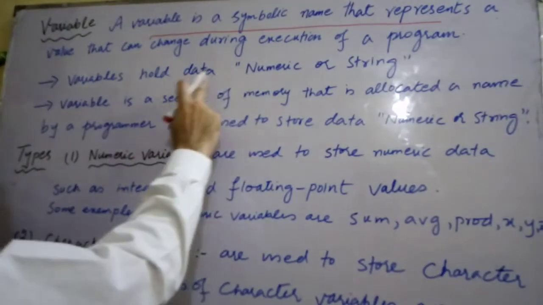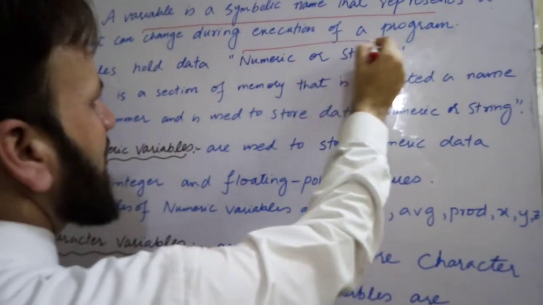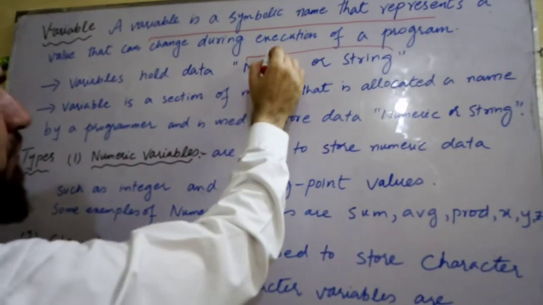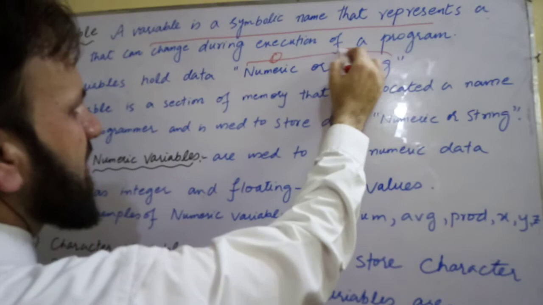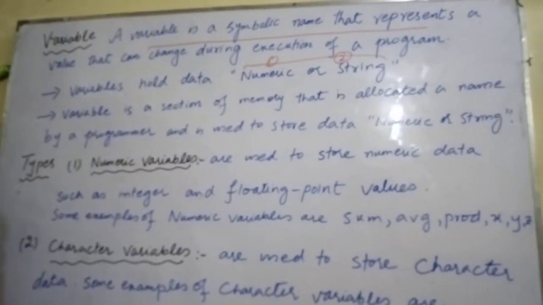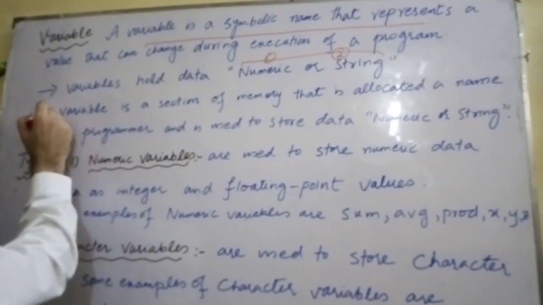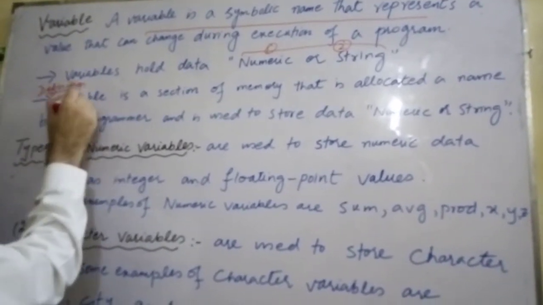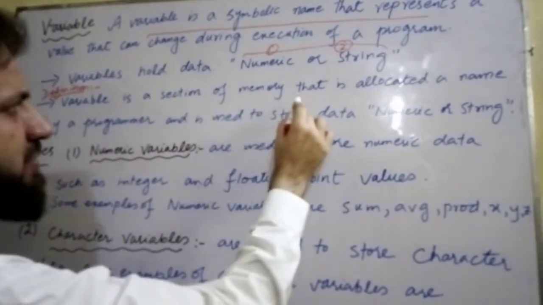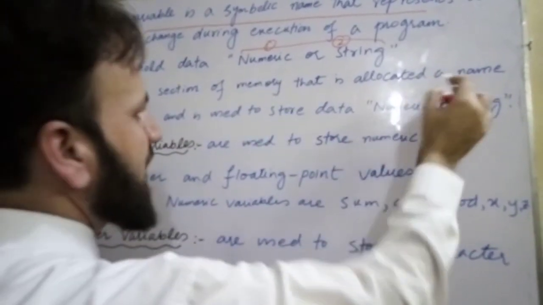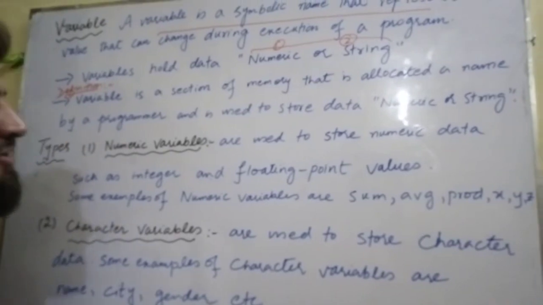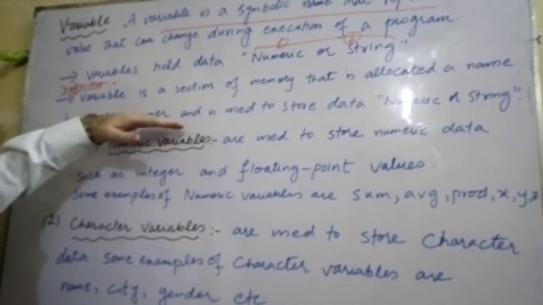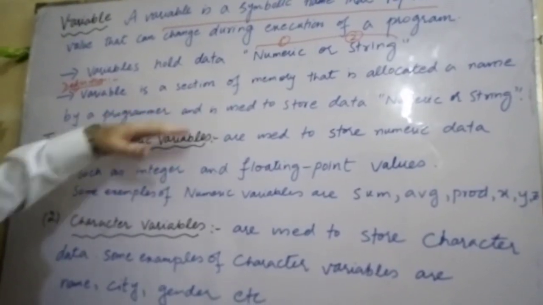Second, a variable holds data. Data may be numeric or string. It means that a variable holds data of two types: first, numeric data, and second, string data. And this is the third point, another definition of variable: a variable is a section of memory that is allocated a name by a programmer and it is used to store numeric or string data.